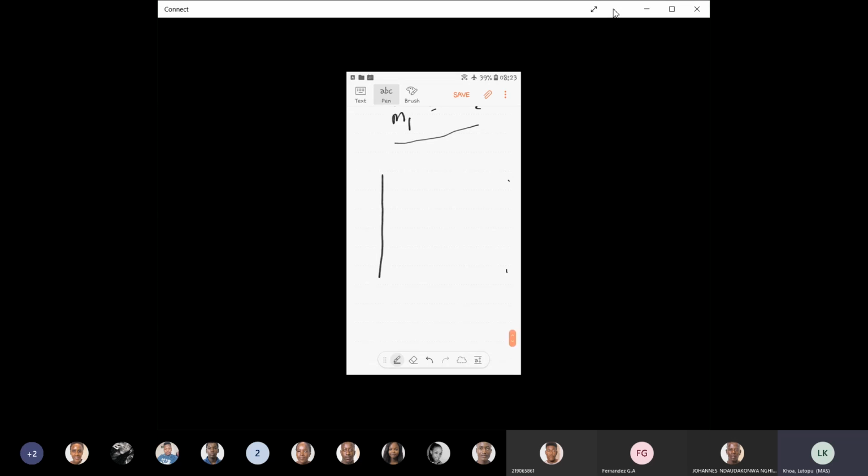I hope I'll be able to draw it nicely. Okay, so you have two lines over here. Draw one and another one like that. And let's say the angle between them is 90 degrees. Now this is line 1 and this one is line 2.